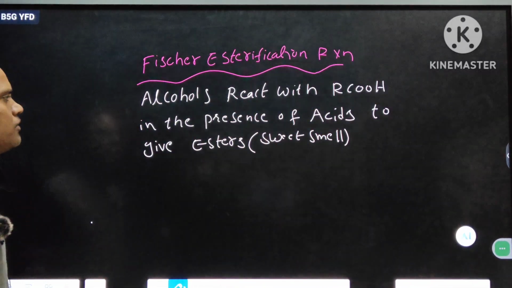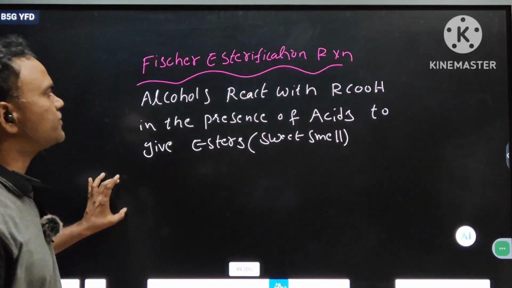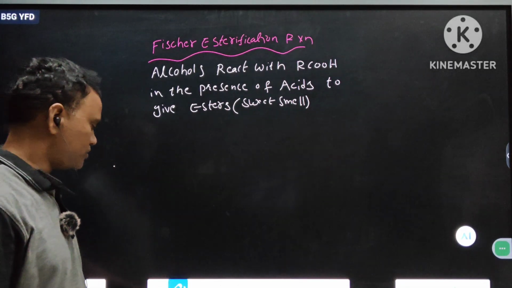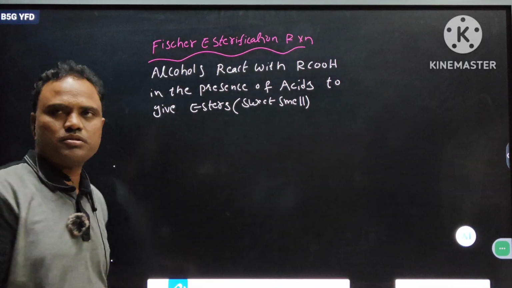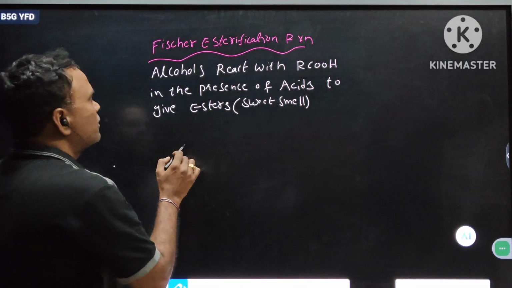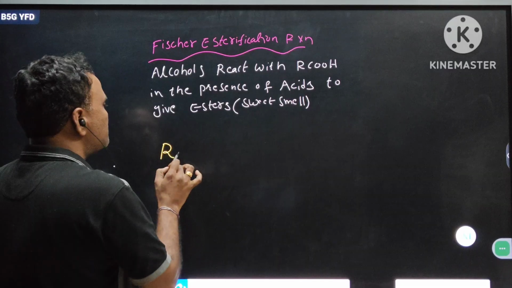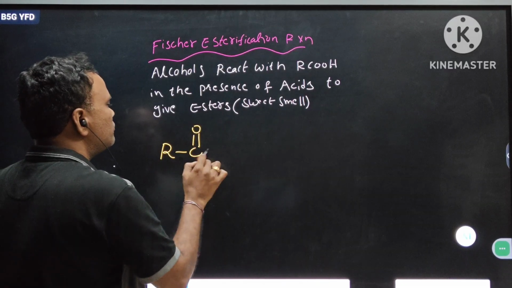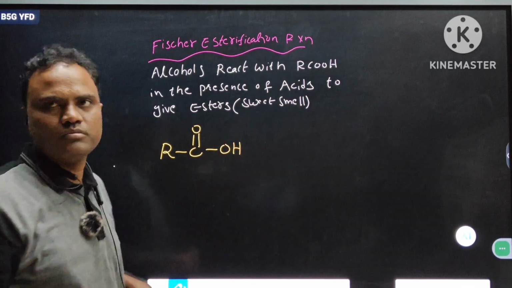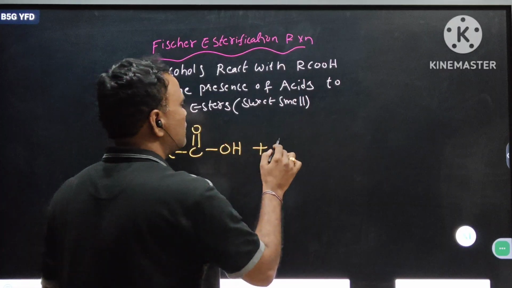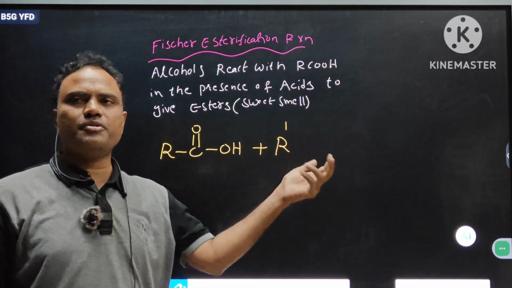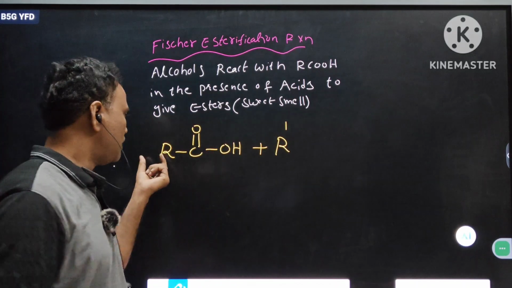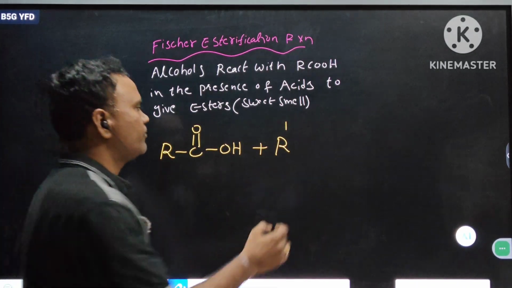Right? See one general reaction, after that the mechanism, shortcut mechanism, and model questions. Carboxylic acid, R C double bond OH. Alcohol, I am taking R dash. This R and R dash may be same or different, okay?